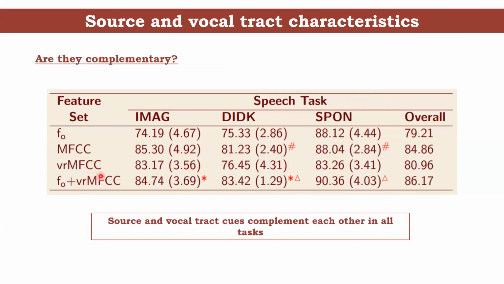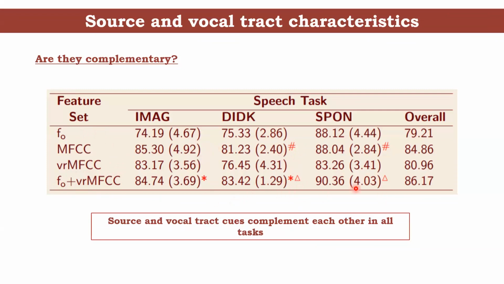Next, we said, let's combine F0 and VRMFCC, and find out whether that combination is better than VRMFCC or F0 individually. So this is taking pitch and voicing removed MFCC and asking whether, when you combine them, it is better than the individual ones. Whenever you see both star and triangle, it means it's better than both of them. Otherwise, it's better than one of those.